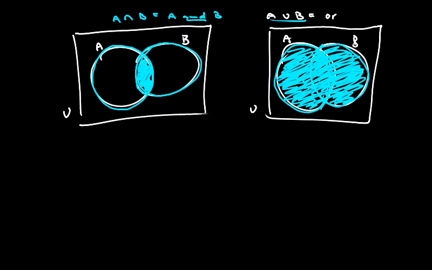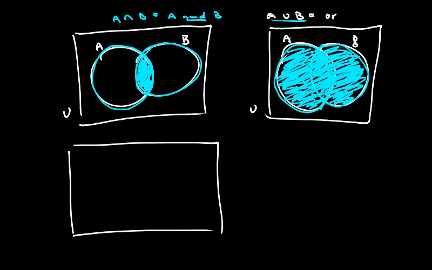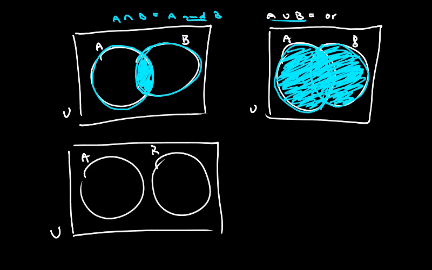Now, mutually exclusive or disjoint sets would look something like this, where I have my universal set and I have two individual sets that have absolutely no elements or members in common. So if I was giving you an example of set A equals 1, 3, and 5, and then set B equals 2 and 4.